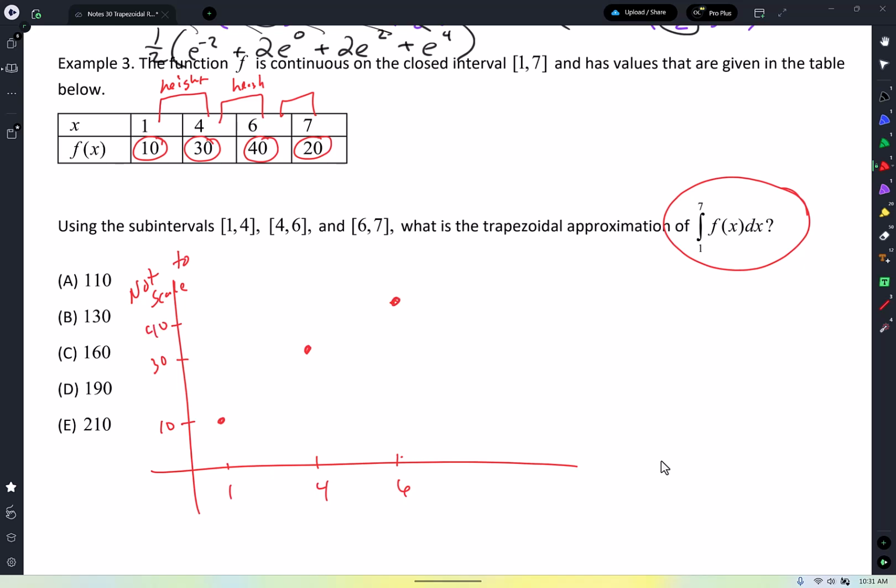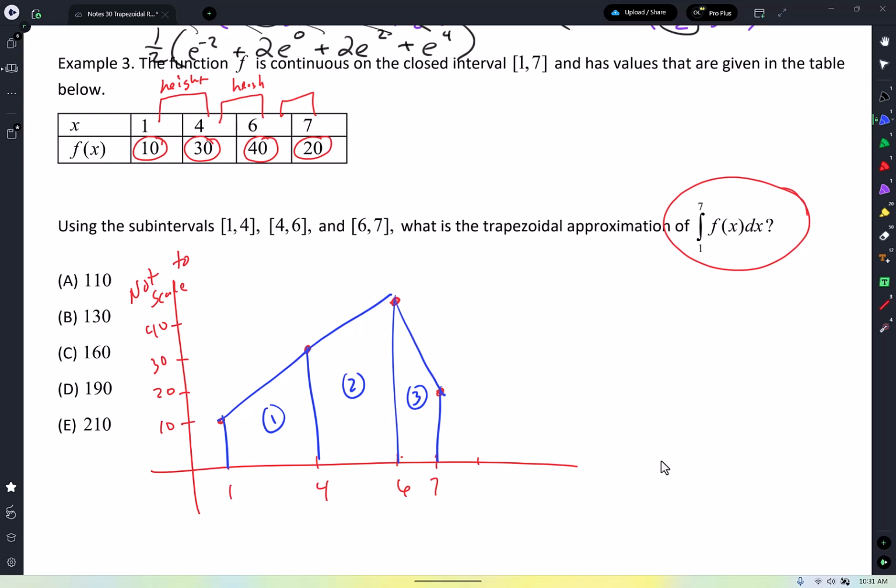And then 720. Well, let me make it closer. All right, so here's how my trapezoids look. Trapezoid 1, trapezoid 2, trapezoid 3. Cool?